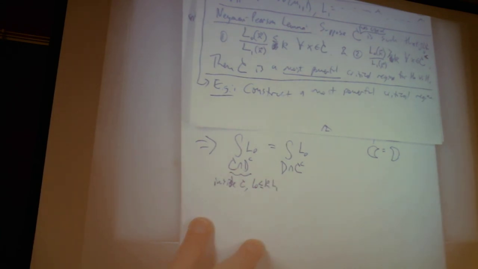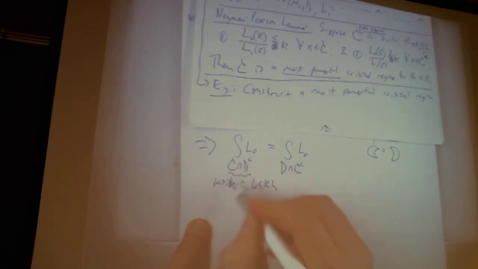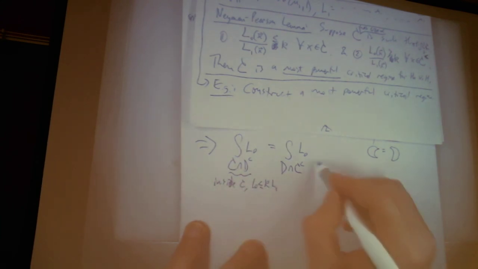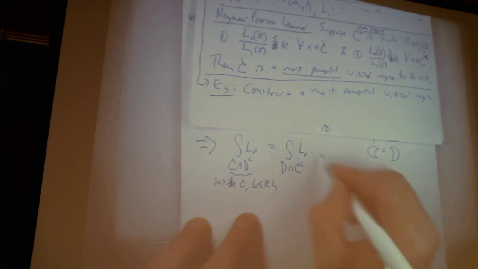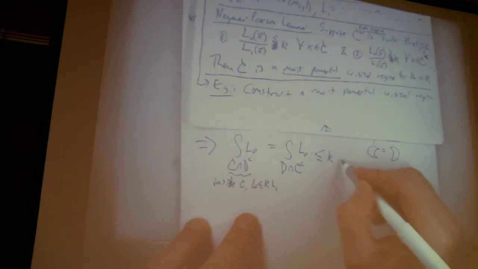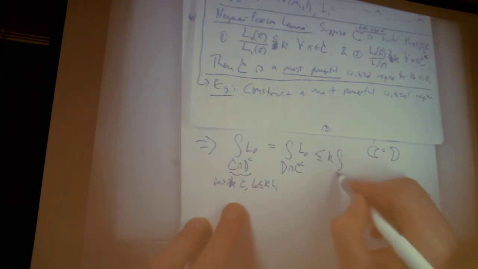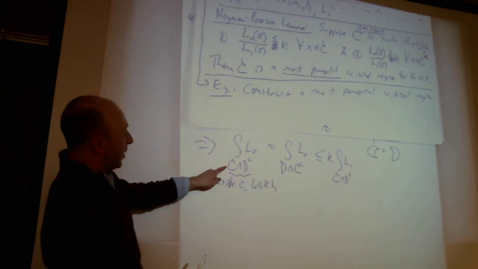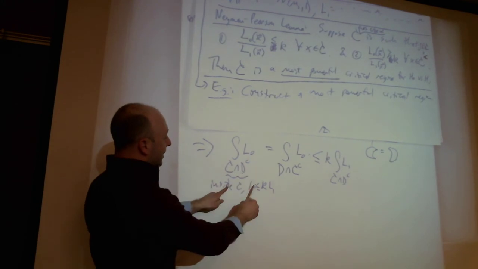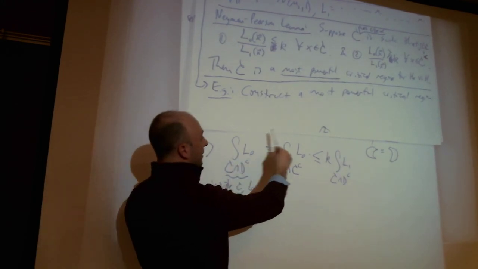So I'm going to replace L0 here. So this whole integral, these two things being equal, is bounded above by some constant times the integral over the same thing of L1. That's because inside C, I can replace L0 by K L1, and that makes everything bigger.